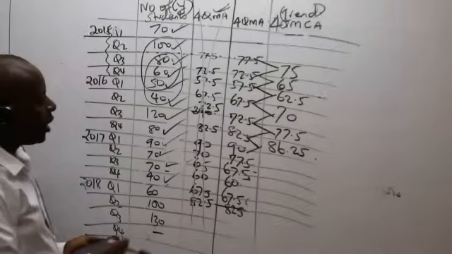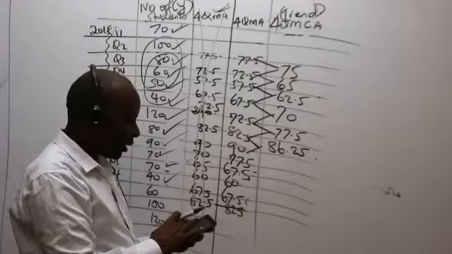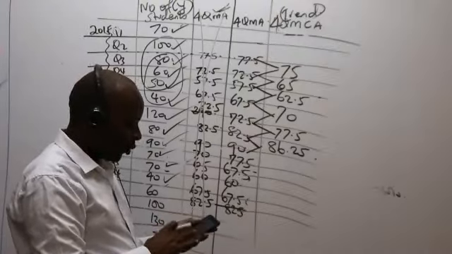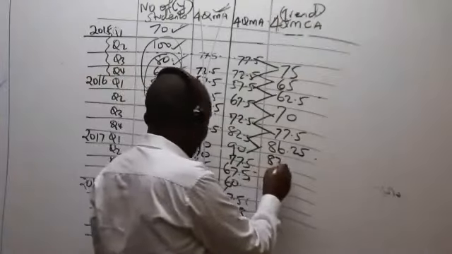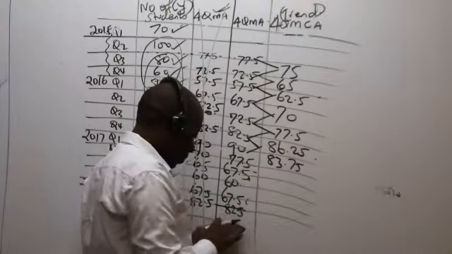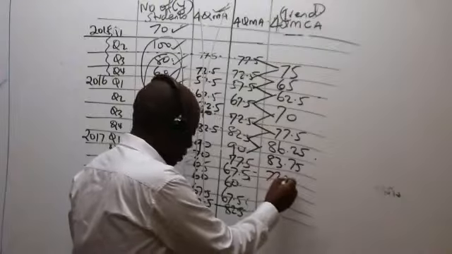Thank you very much. Now come and move on to the next one. So we have 90 plus 77.5 divided by 2, which will give us 83.75. 77.5 plus 67.5 divided by 2 gives me 72.5.